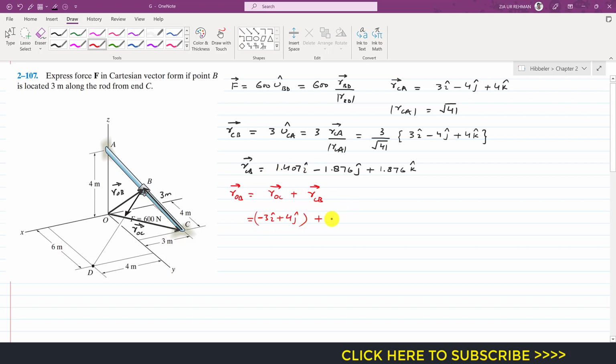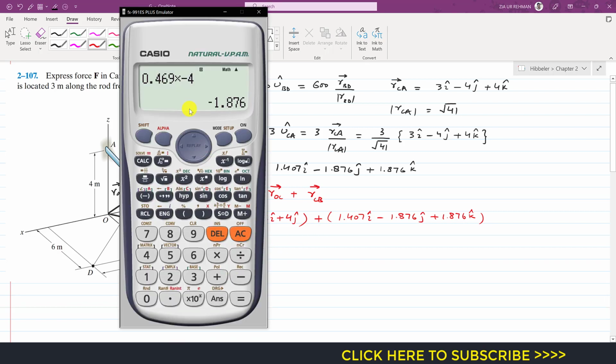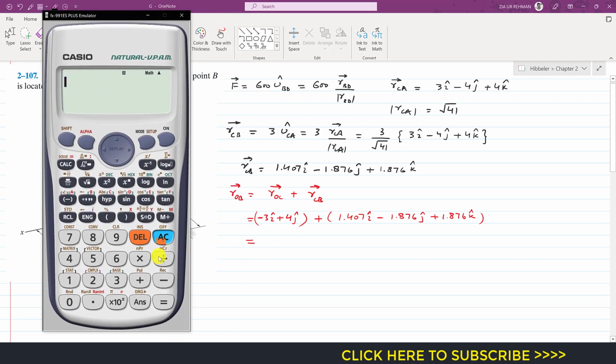Plus RCB. So this is RCB: 1.407 I minus 1.876 J plus 1.876 K. So we can add the corresponding components. So minus 3 plus 1.407.